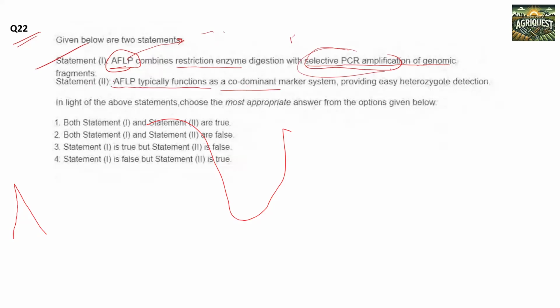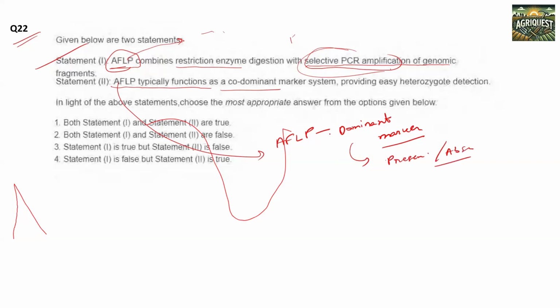You should remember that AFLP is generally dominant in nature. It identifies a fragment by presence or absence, so it is a dominant marker, not a codominant marker. So statement 1 is correct, statement 2 is incorrect.